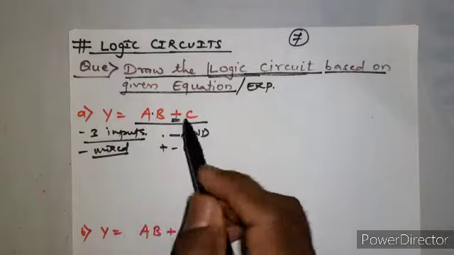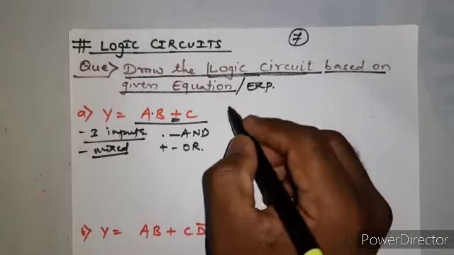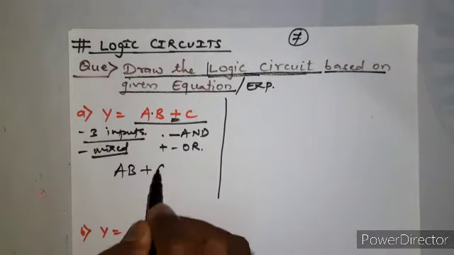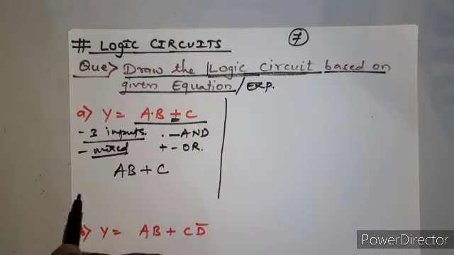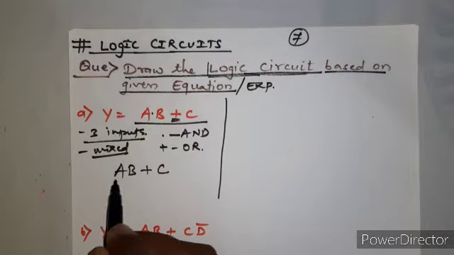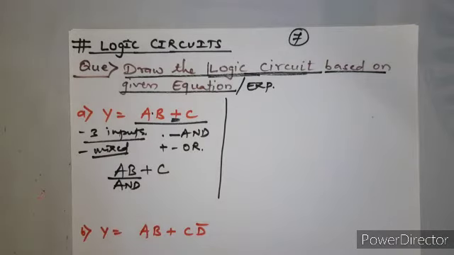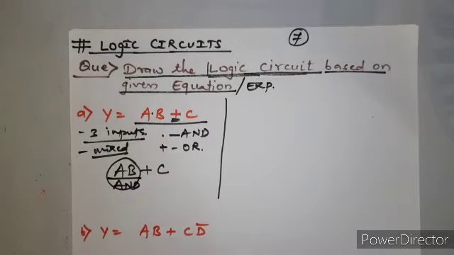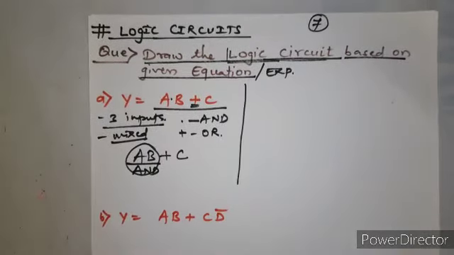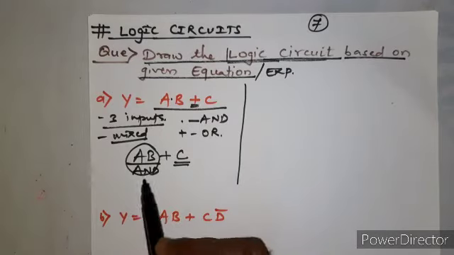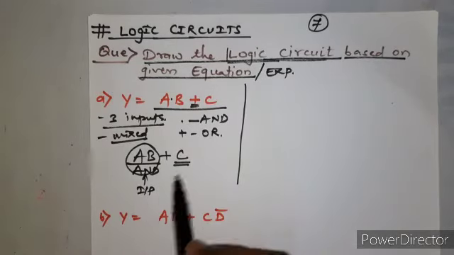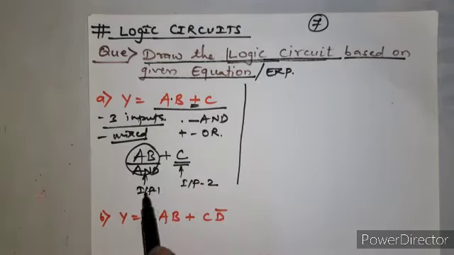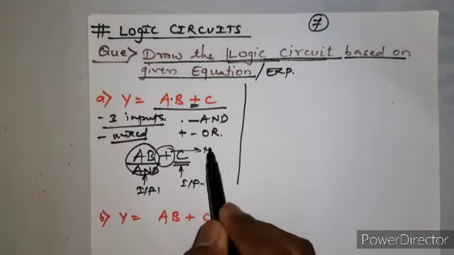Just by looking at this expression, Y equal to A, B plus C, I can identify that this is a 2 input AND gate, that is what we have studied for the AND gate, and then this is C. I can consider this as input 1, and this as input 2, and these 2 inputs have an OR gate connected to them.